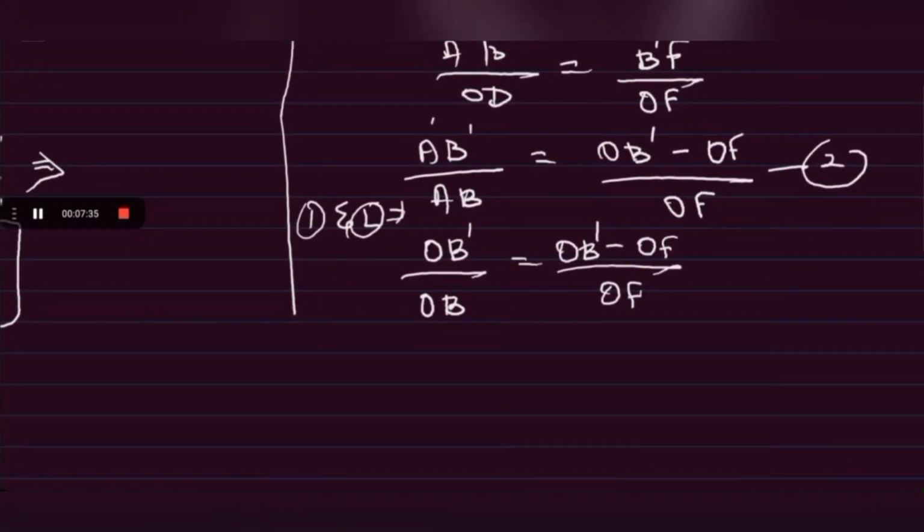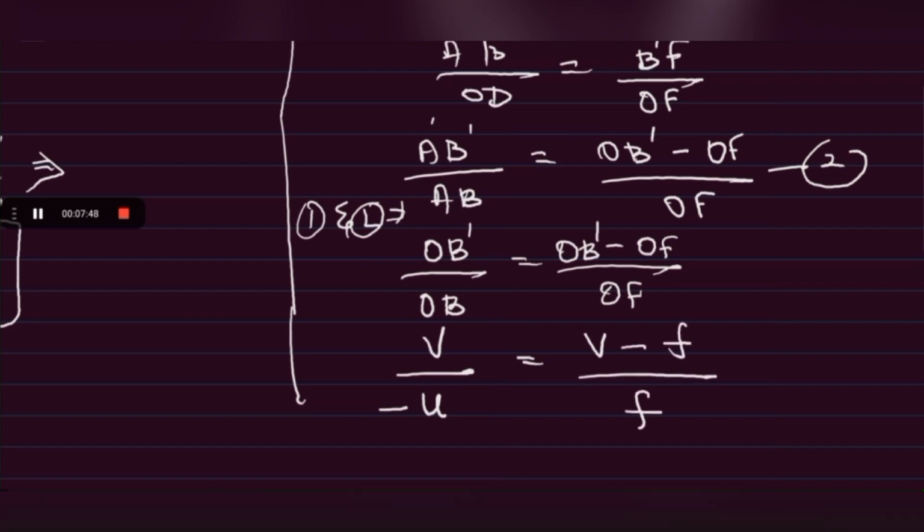Now we know that OB' is the image distance V, OB is the object distance, which is minus U, and OF is the focal length F.